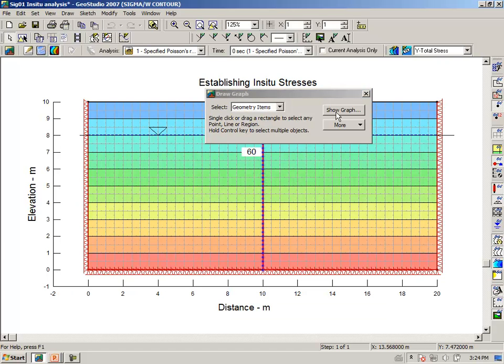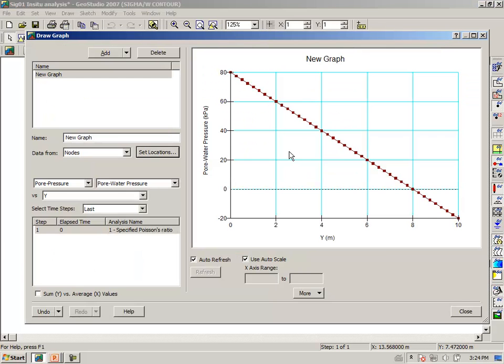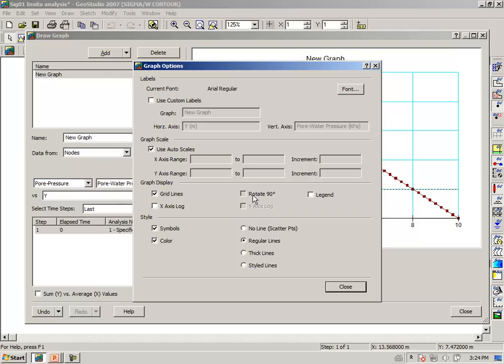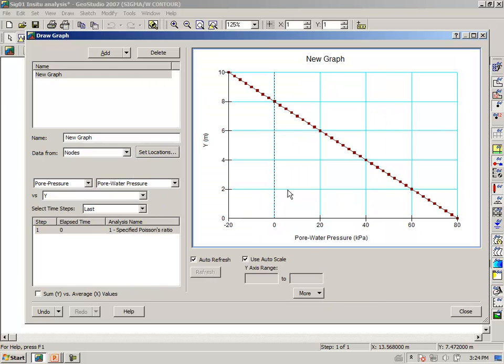Clicking on Show Graph. Here is our graph of pore water pressure distribution with depth. It's easier to look at the graph if we rotate the graph such that y is on the vertical axis. And we should name this graph pore pressure.